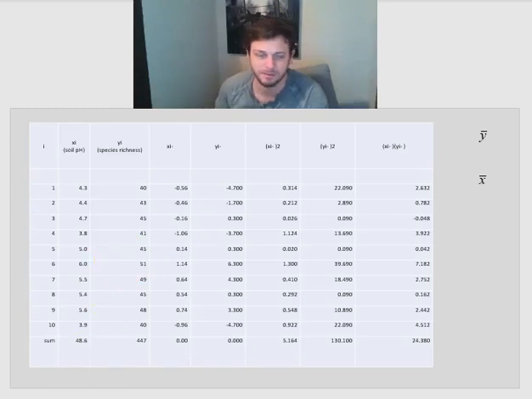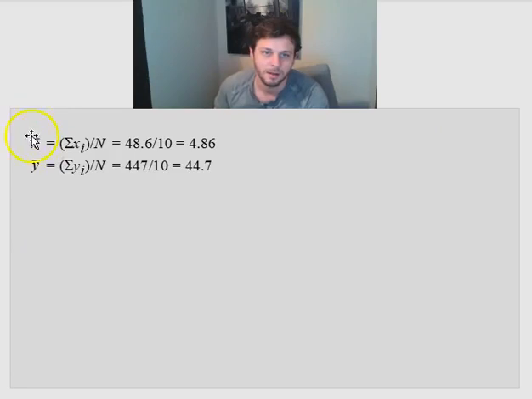And just to simplify this all down for you, the mean for the X is 4.86. The mean for the Y is going to be 44.7. So we had 10 samples. We added up all the X's to get 48.6 over 10, get 4.86. Do the same with the Y to get 44.7.